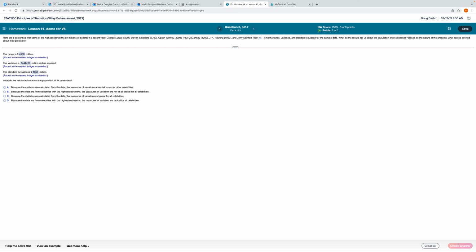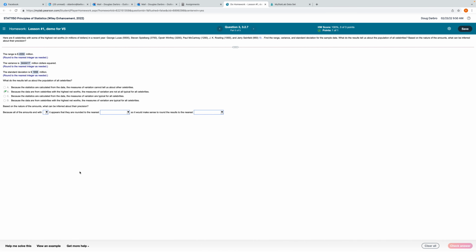Typical, no, not typical. Okay, so B appears of interest because the data are from celebrities with the highest net worth. The measures of variation are not at all typical for other celebrities. Seems reasonable.